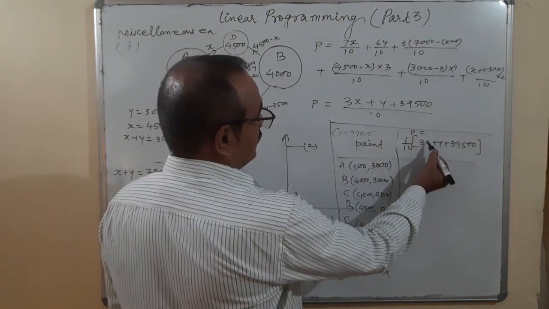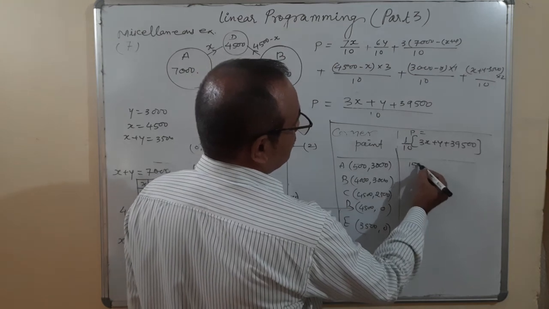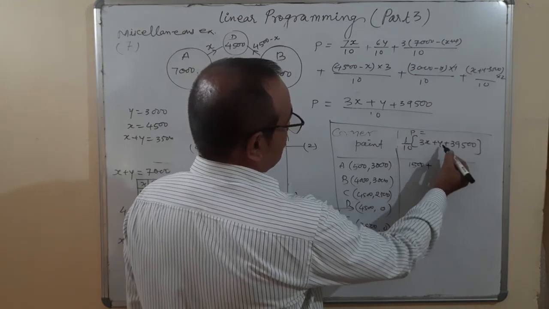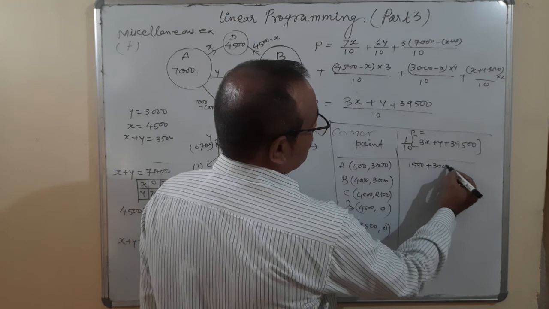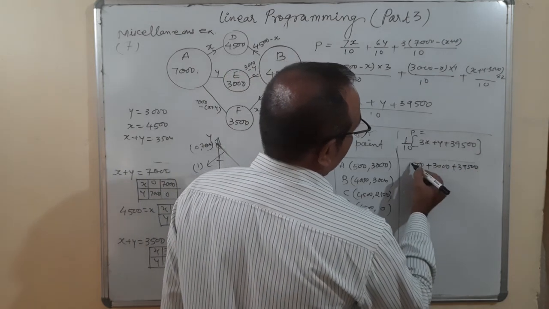Now I'll put the value here. So first one, 3 multiplied, so 1500 plus 3000 plus 39,500, upon 10.